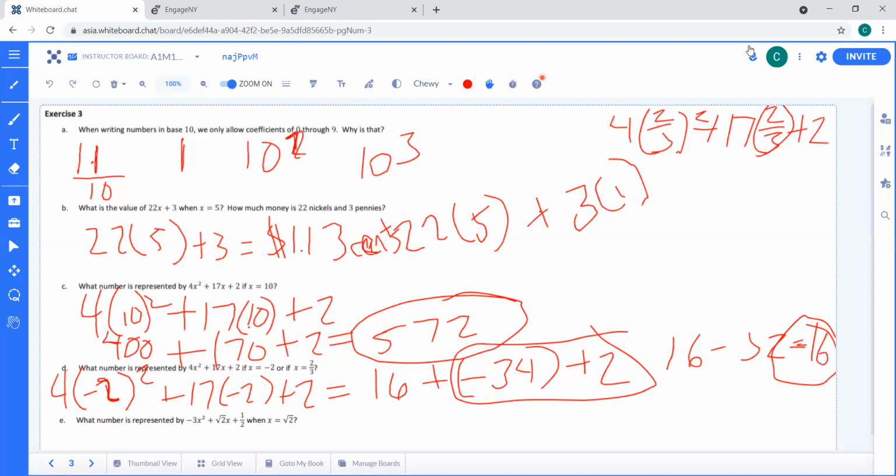Okay. 2/3 squared is going to be 4/9, plus 17 times 2 is 34. That's not divisible by 3. So times 2/3. Let's call it 11 1/3 plus 2.